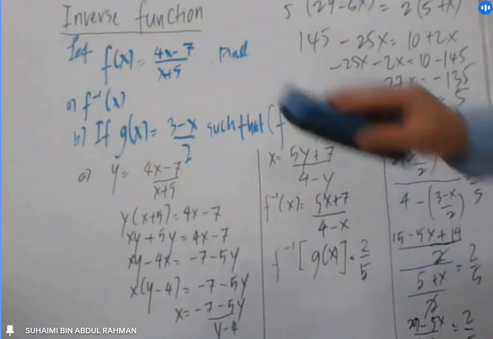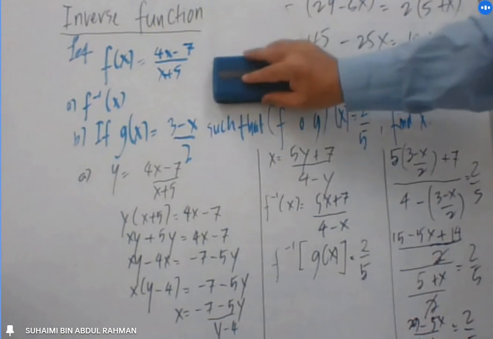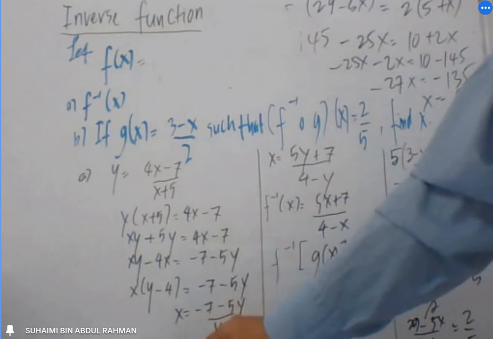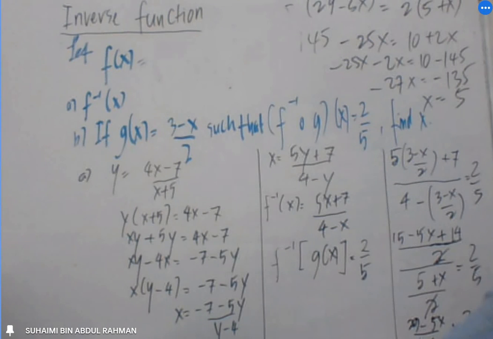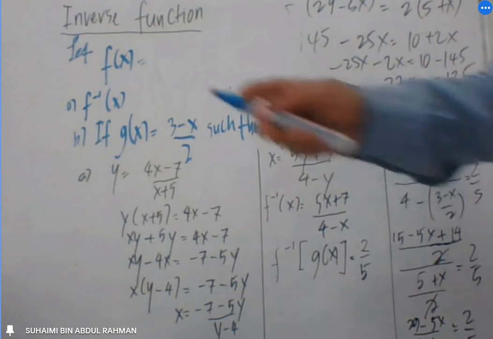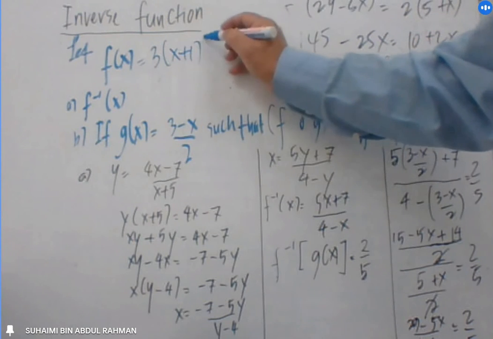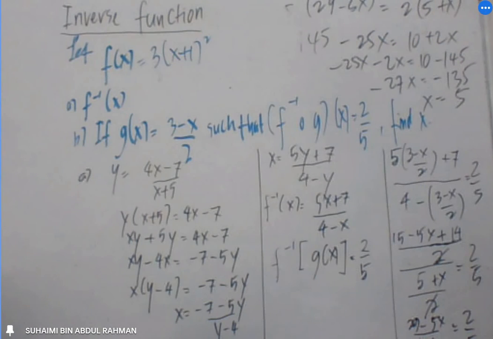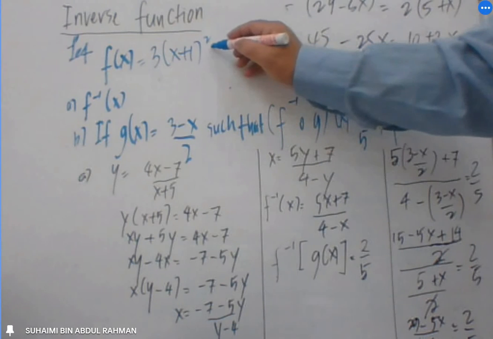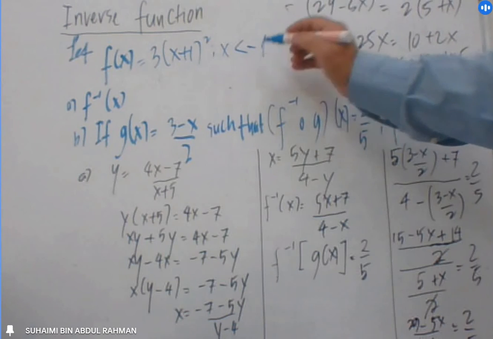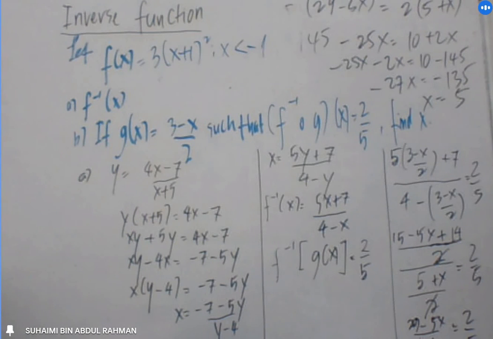Let's say we have another function: f(x) equals 3 times (x plus 1) squared, provided that x is less than minus 1.